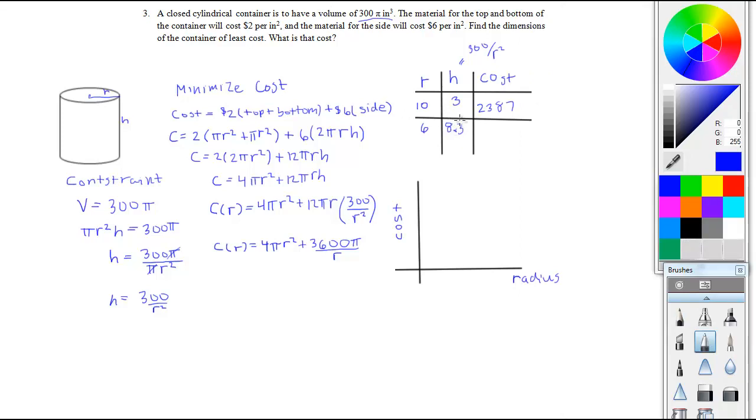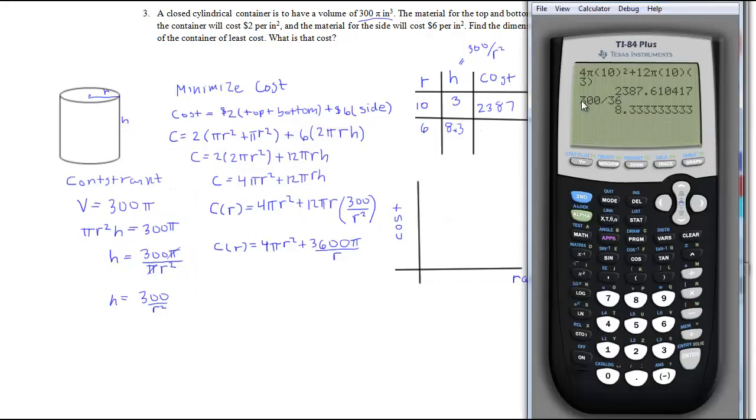And then I'm going to do the same formula I just did. And I can press second enter to bring back this, and then I can put in 6 instead of 10, and 6, and then 8.3.